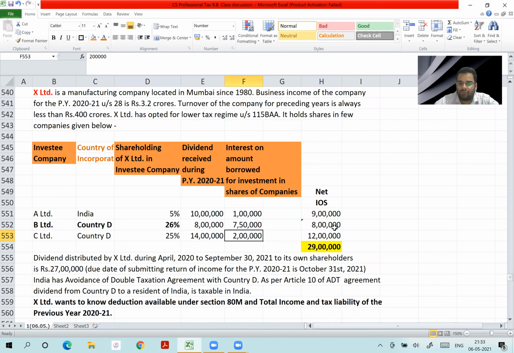It is within the limit of 20% because 14 lakh into 20% is 2 lakh 80,000. You will get deduction of 2 lakh or 2 lakh 80,000, whichever is less. So you can get deduction of 2 lakhs. So taxable will be 12 lakhs. So total taxable IOS is how much? It is 29 lakhs. Are you happy till now?